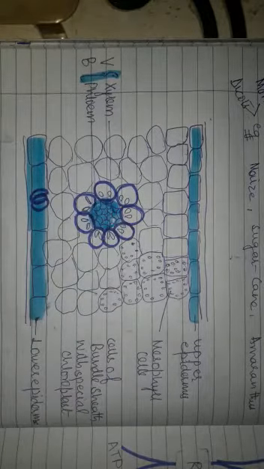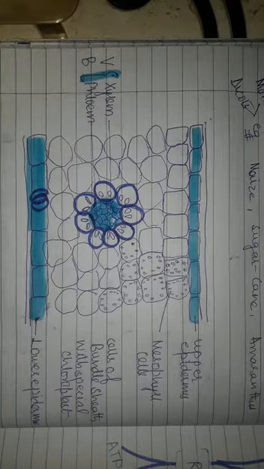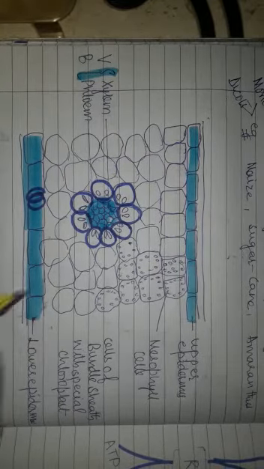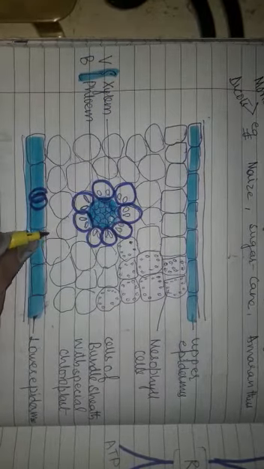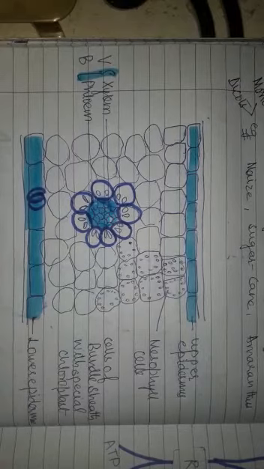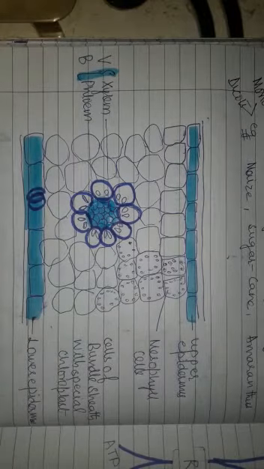These cells are called the bundle sheath cells, and they contain a large number of chloroplasts.